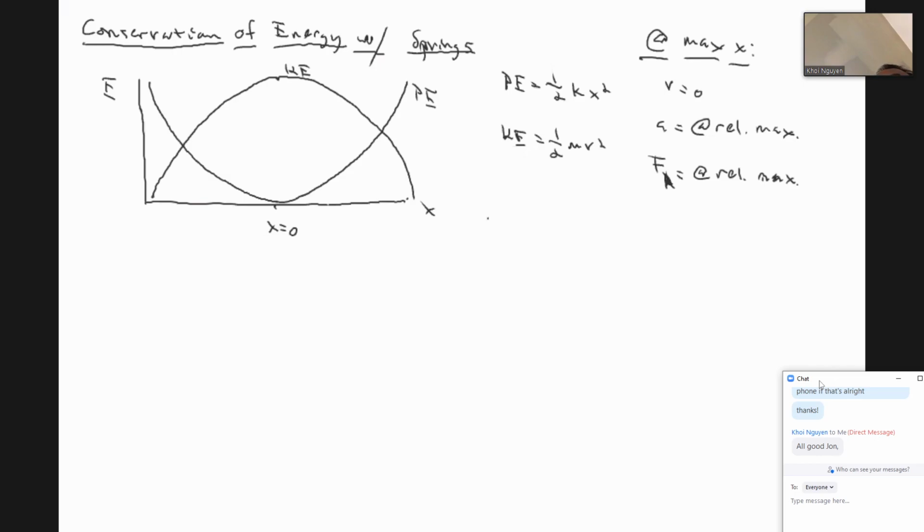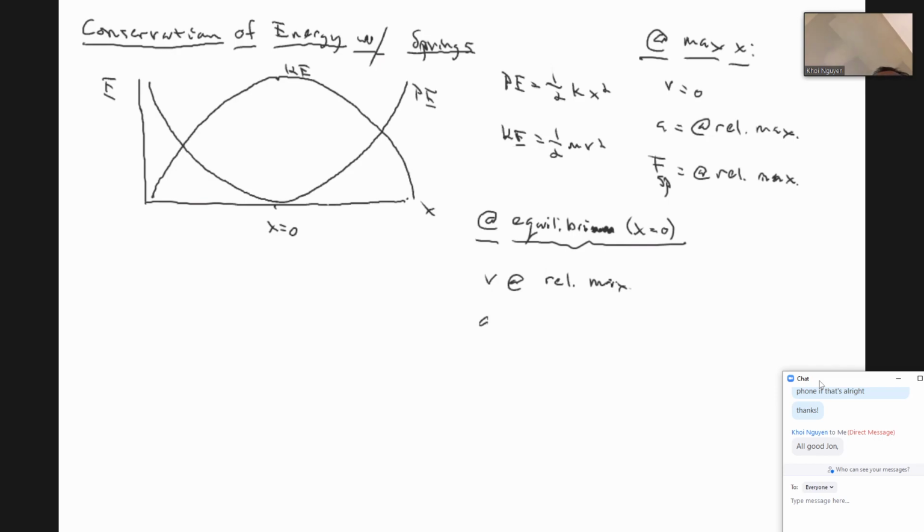And when we're at equilibrium, let's call it spring force so it's consistent. Restoring force, spring force, same thing. So when we're at equilibrium for displacement, this is at x equal to 0, we notice that velocity is at a relative maximum because all that potential energy gets converted into kinetic energy.